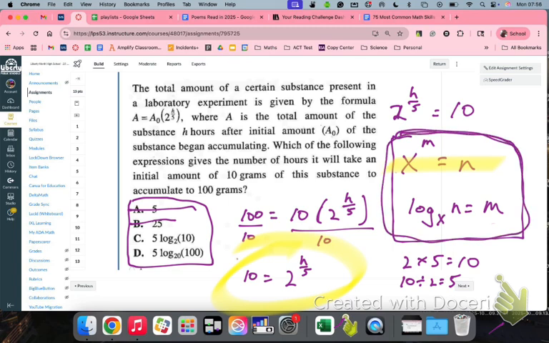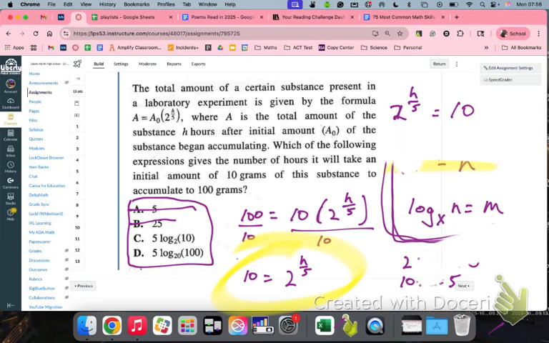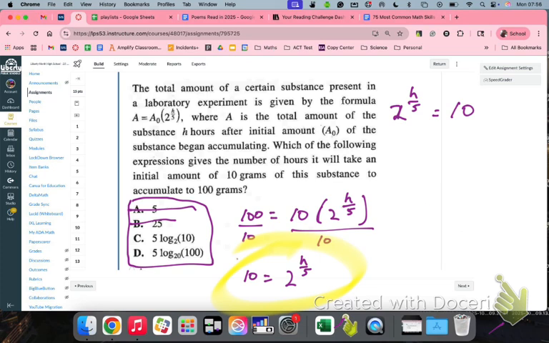So I need to take 2 raised to the h over 5 power equals 10 and convert that to log form. I'm going to do the log ride. The log ride asks you to take a line and go down through the first number and up through the last number and point to that exponent.